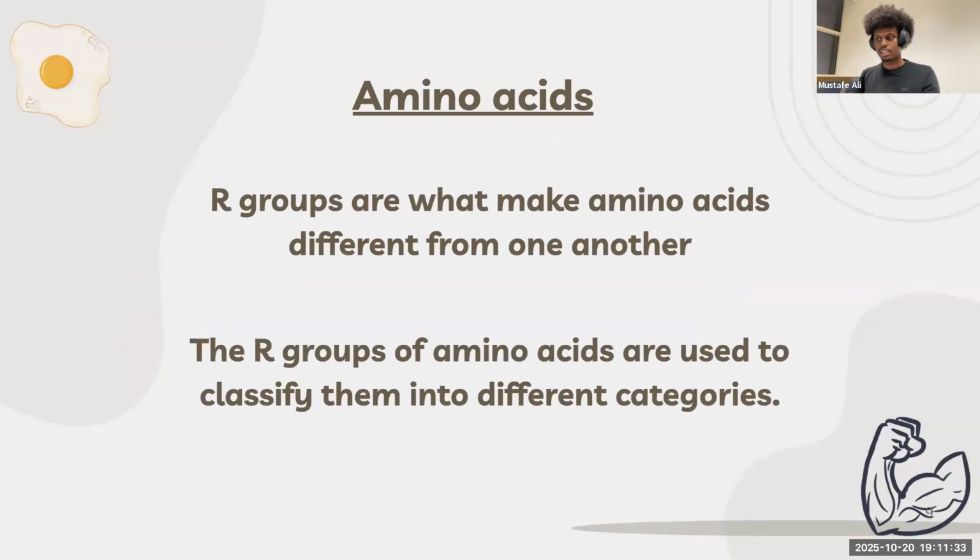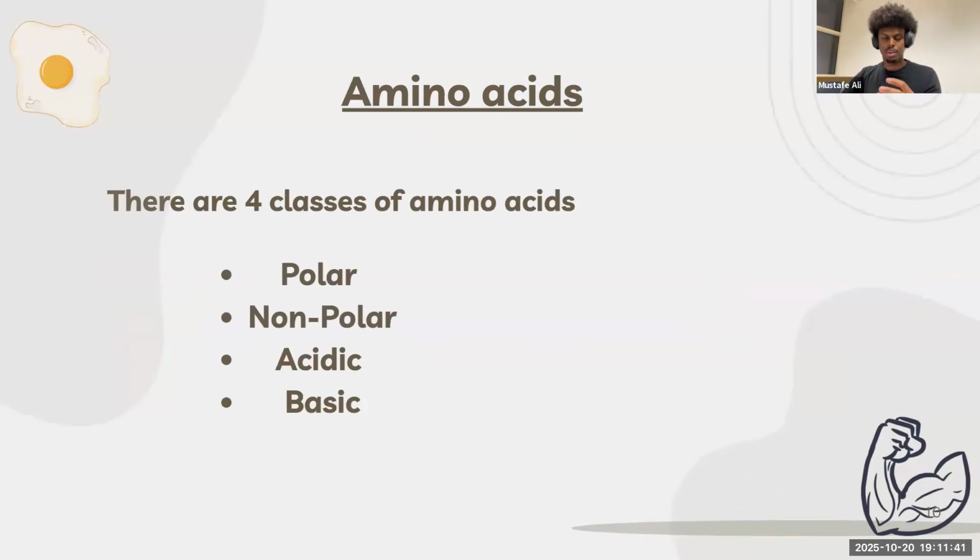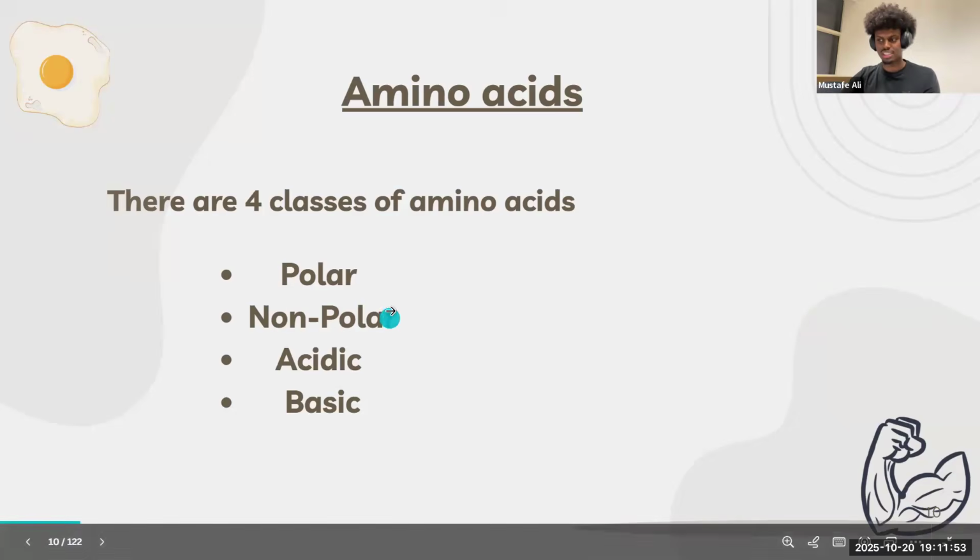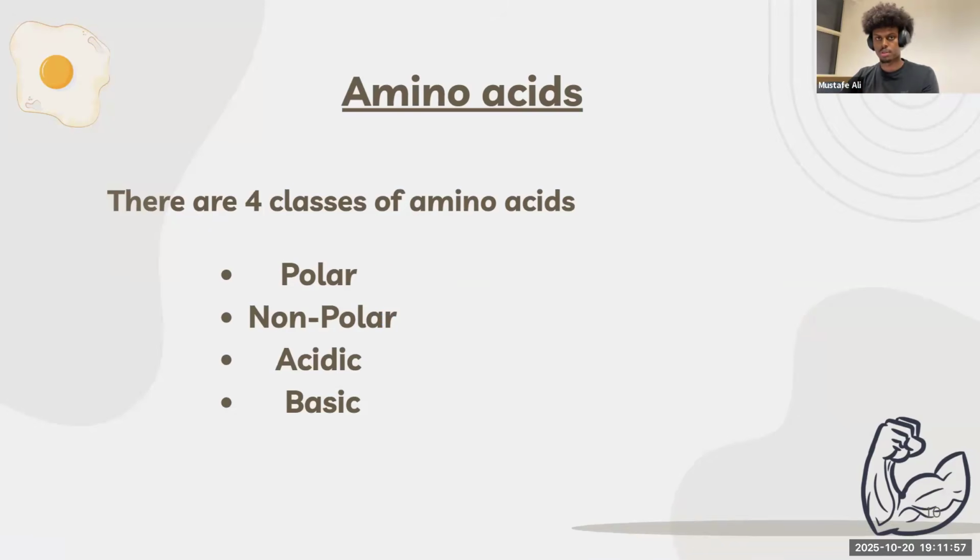And we can use the R groups to classify them into different categories or different classes. Now there are four main classes of amino acids. There are polar amino acids, non-polar amino acids, acidic amino acids, and basic amino acids. We'll be getting into each of these and looking into how their R groups look and why they are important.